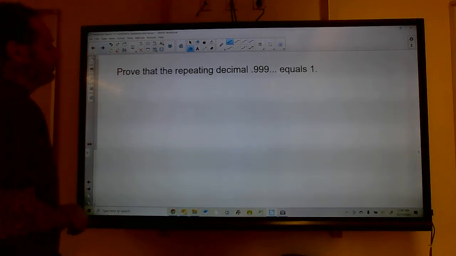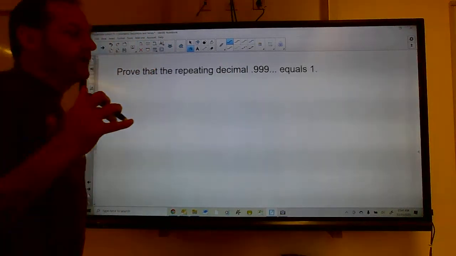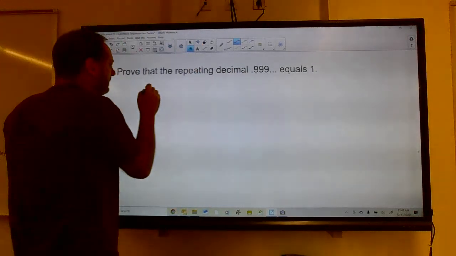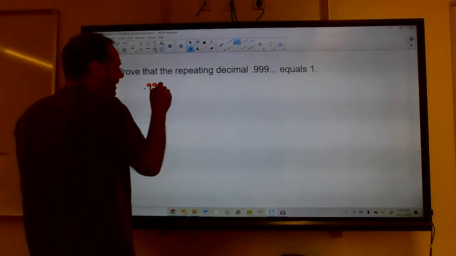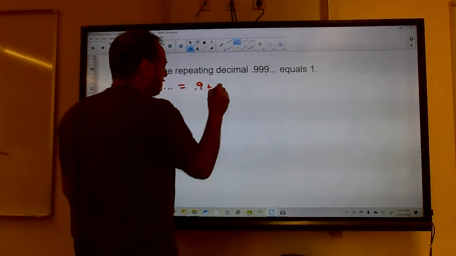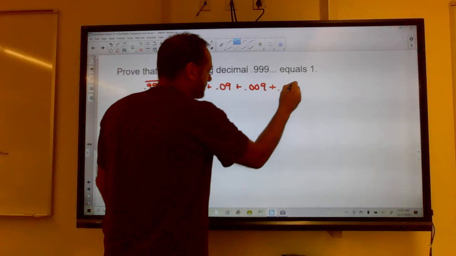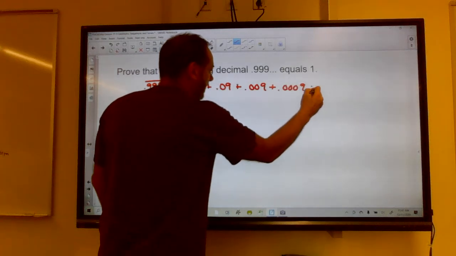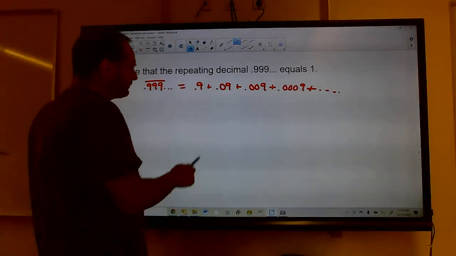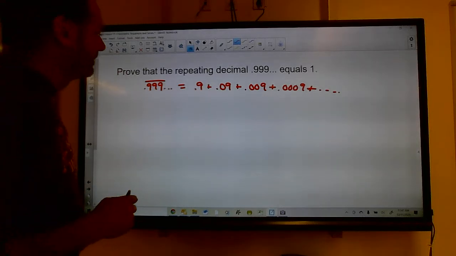We can use the sum of an infinite geometric sequence, because 0.999 repeating forever is 0.9 plus 0.09 plus 0.009 plus 0.0009 forever, right? So this is an initial term of 0.9, and then it has a ratio of 1/10.